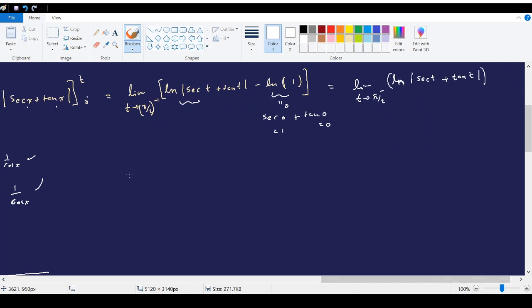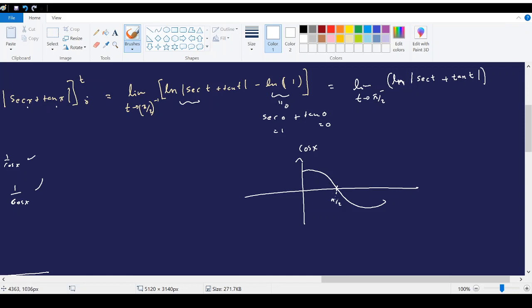Now when you say infinity, you should be careful whether it is positive infinity or negative infinity, right? That can be calculated by looking at the values to the left of pi by 2. Now see, if we consider the graph of cos x, it has a nature like this, where pi by 2 is here.